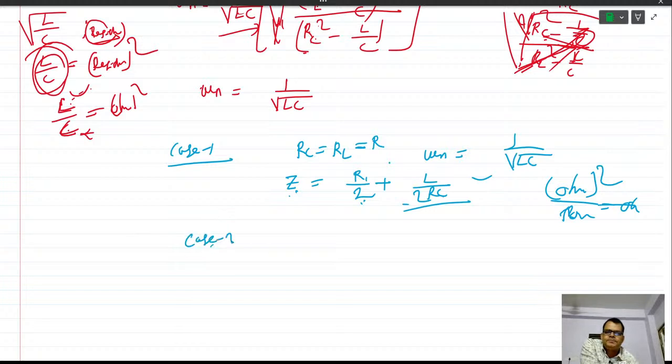Case 2: this is the case we normally go for, the general case.